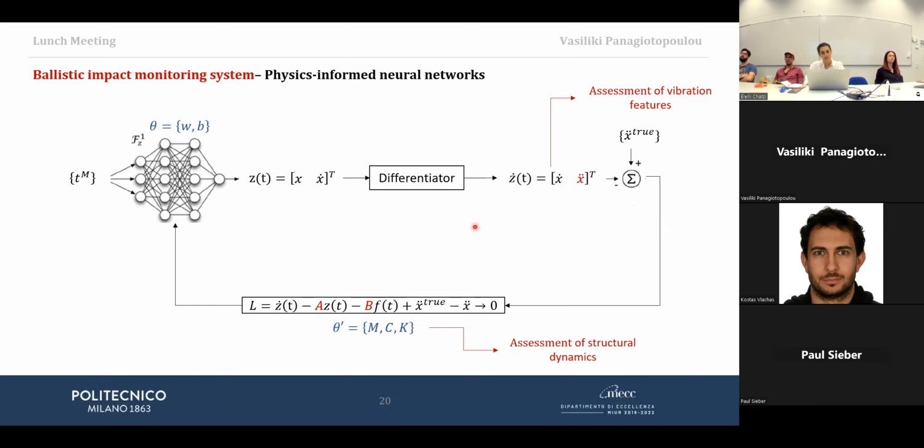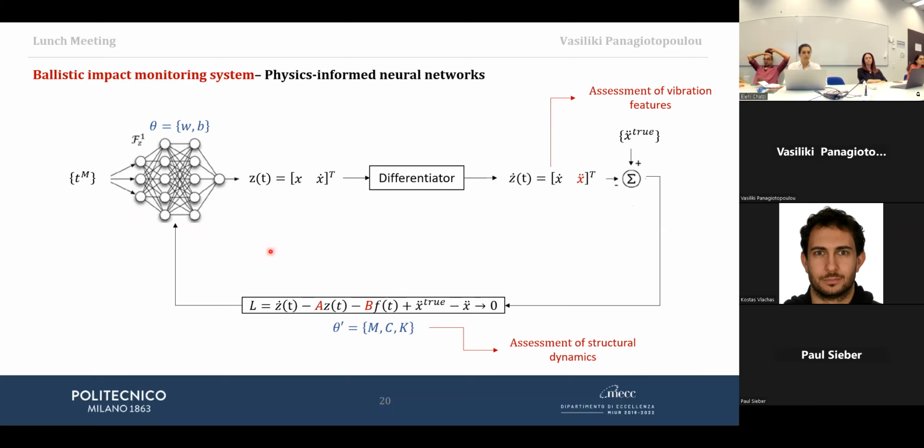During this training process, physical laws could be applied in the loss function or in other stages of the system. It could be in the first hidden layer, on the last hidden output layer, and so on.